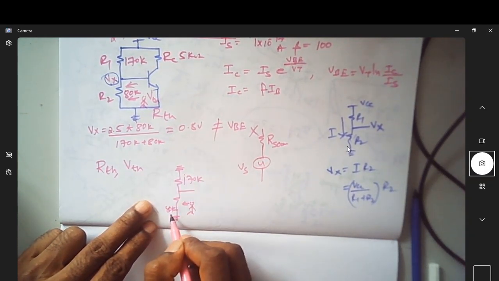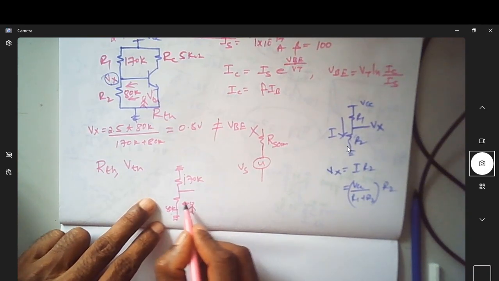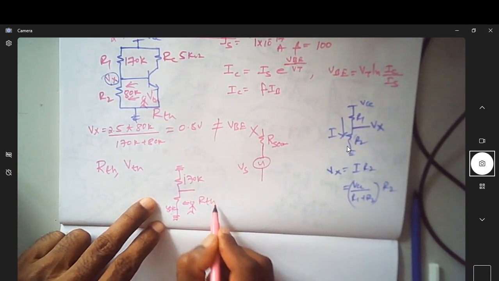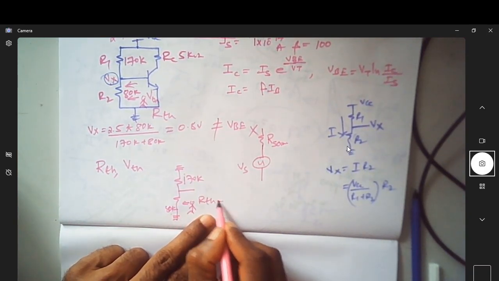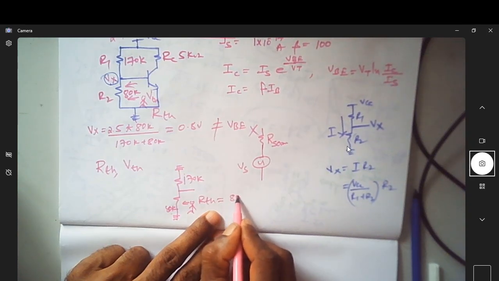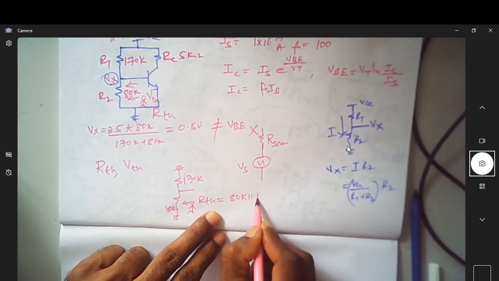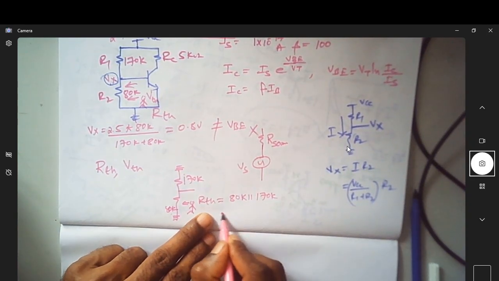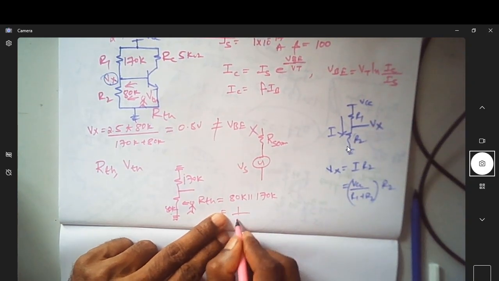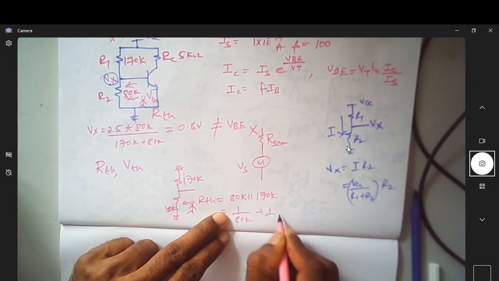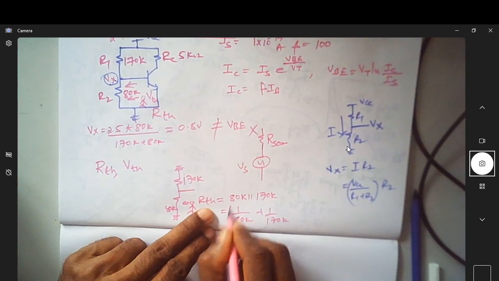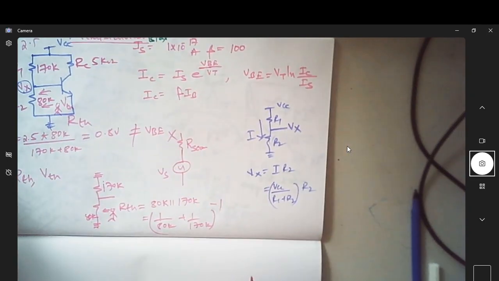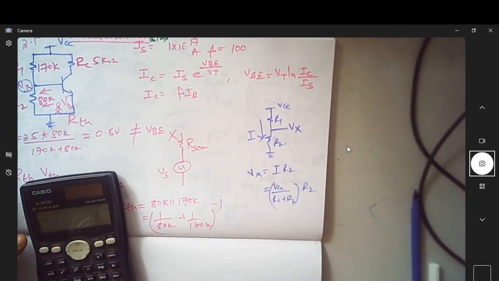When 80k and 170k come in parallel, the resistance looking towards the source is nothing but 80k in parallel with 170 kilo ohm, which is 1 over 80k plus 1 over 170k, whole inverse. That is R Thevenin.